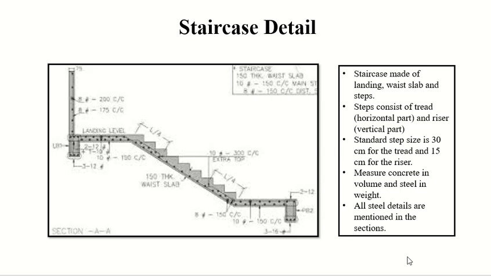You take the length of one bar and then multiply with the number. How do you calculate the number? Like this. So wherever you see spacing, take the length of one bar and multiply with the number. Clear? Okay.